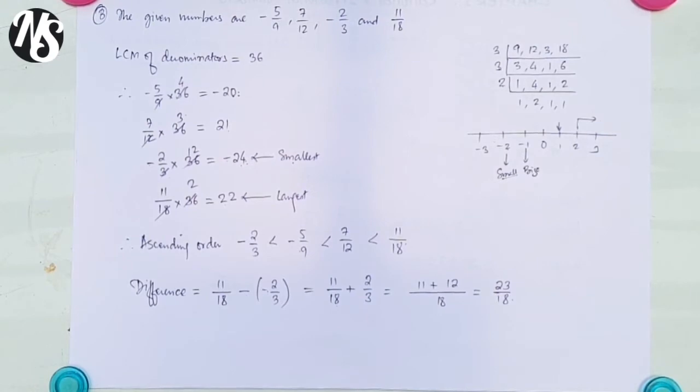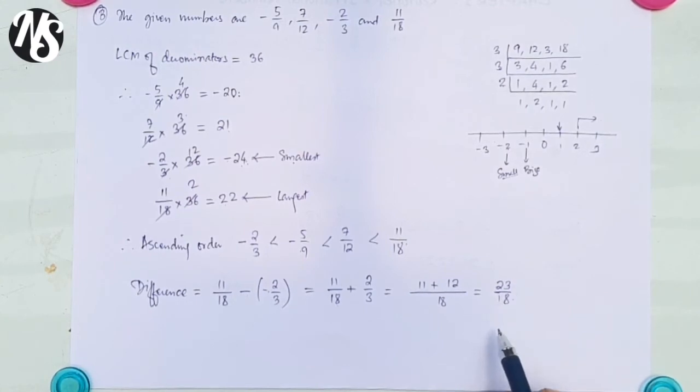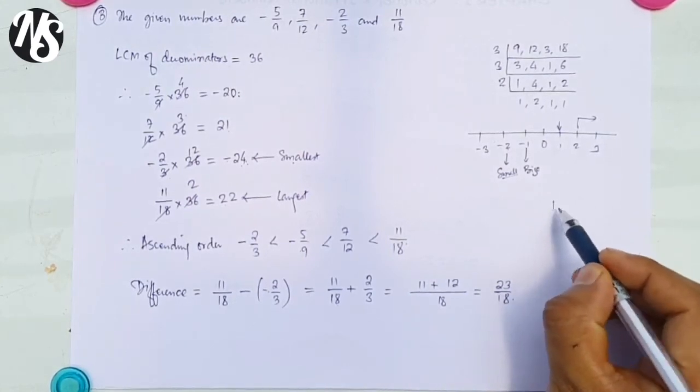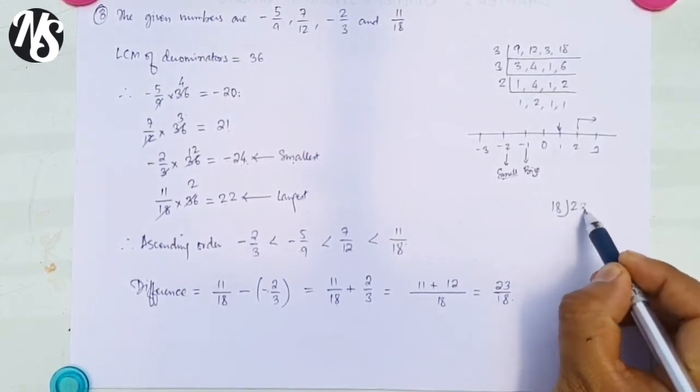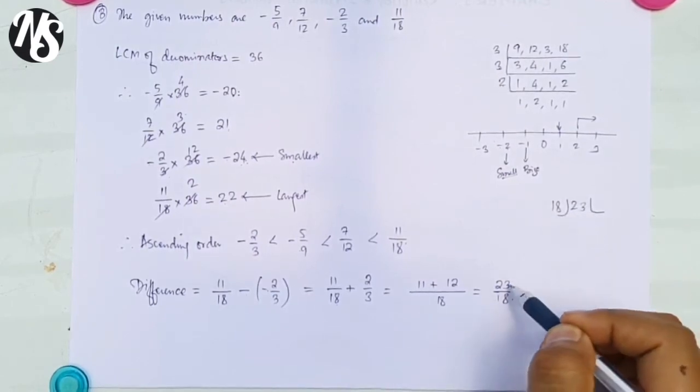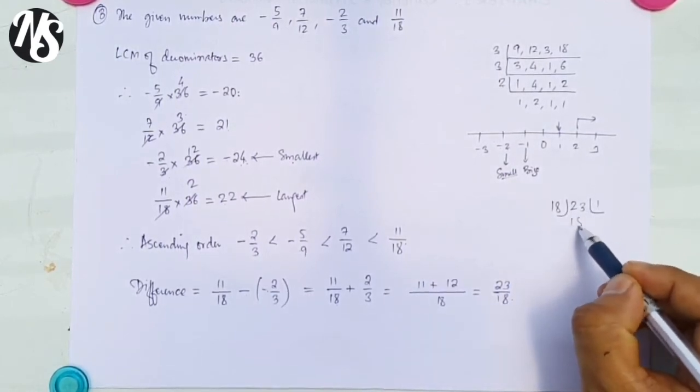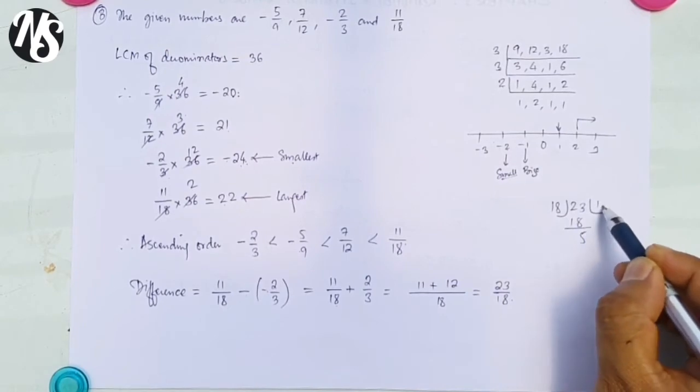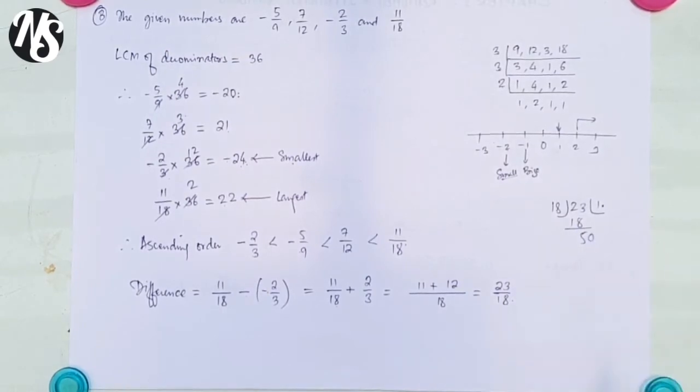All right, now at last you need to write this difference in decimal form also, correct to one decimal place. So let's see how much this is. We have to divide 23 by 18. 1 gives you 18, 5 left, put a point here, so you get 50.